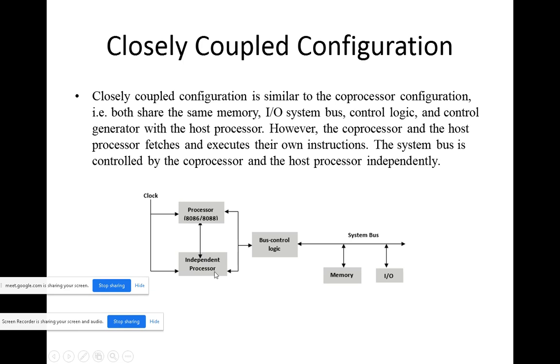But our co-processor, you see, will depend on the processor for the performance of all tasks. Okay, this is the difference between the co-processor and the independent processor. The co-processor must work with the other processor, otherwise it cannot work independently. That is why its name is co-processor. But here it's named independent processor, which means it will not depend on the master processor for any of its work.